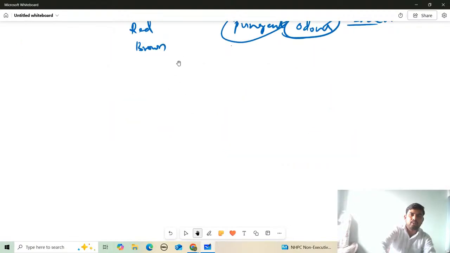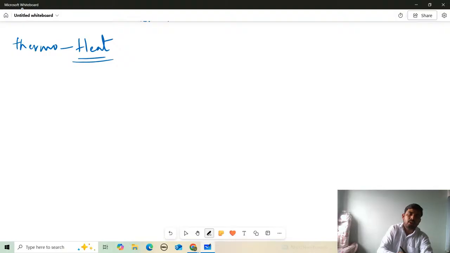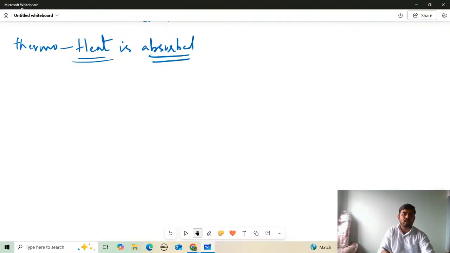In this process, remember thermo means heat energy. So the chemical reaction takes place by the absorption of heat. Heat is absorbed. So this kind of reaction is a thermal decomposition reaction.